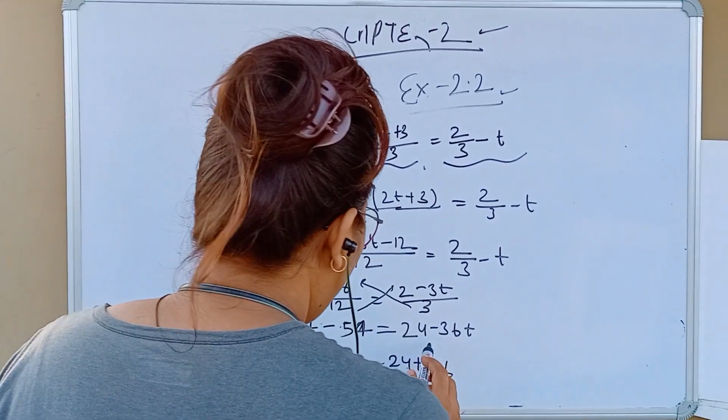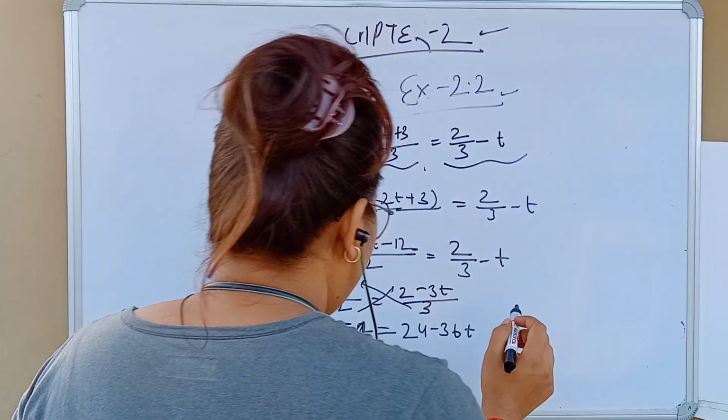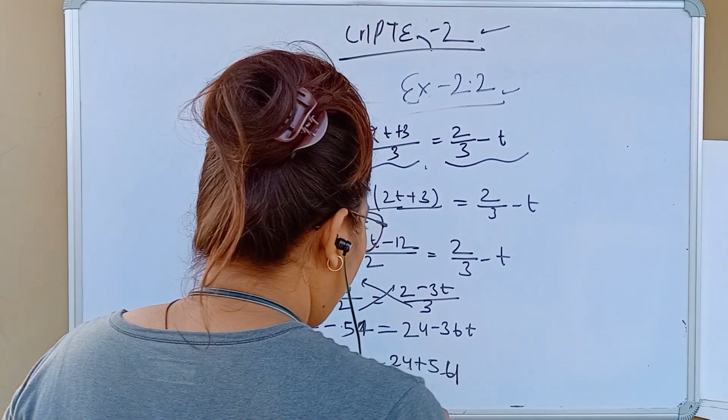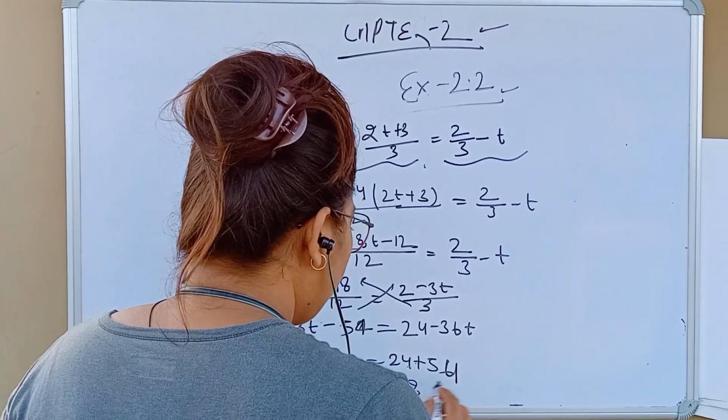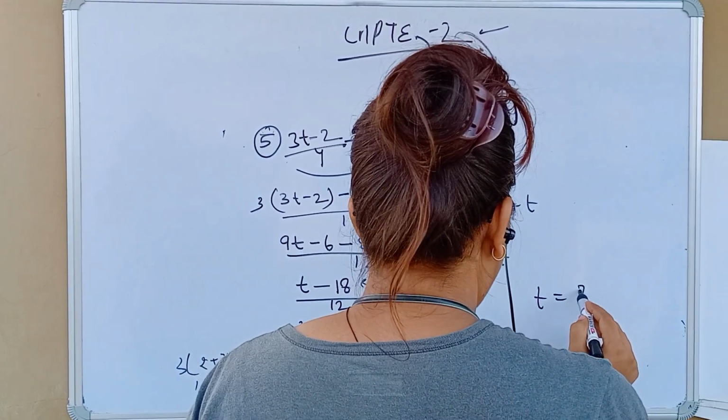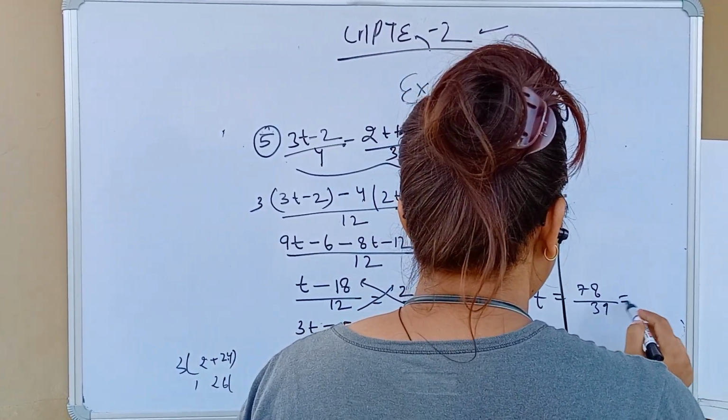Take 24 plus 54, that is 78. So the t value is 78 divided by 39, which is 2.